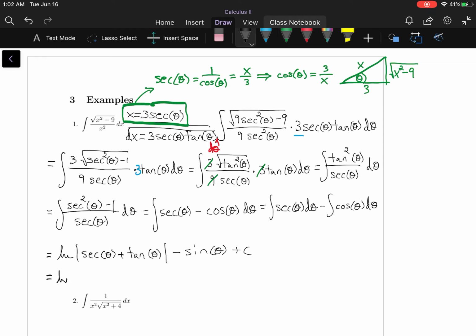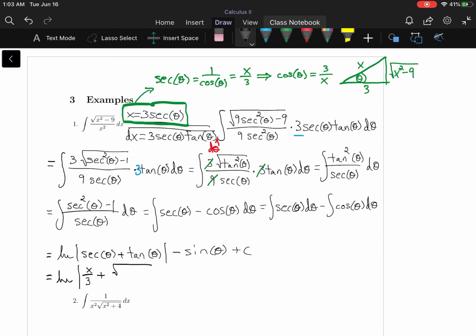So this is the natural log of, secant theta is x over 3 based on our substitution. Tan of theta is TOA, so that's opposite, which is the square root of x squared minus 9, over adjacent, which is 3.